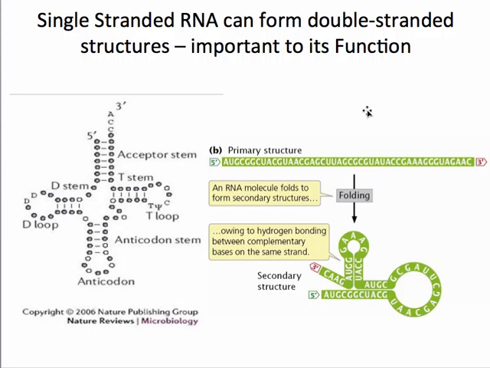So single-stranded RNA, if we look at its primary structure here, we have the nucleotide sequence. While it doesn't form helixes, these primary structures, if there's complementary base pairs, will actually form structures. They will turn and they will base pair on themselves.